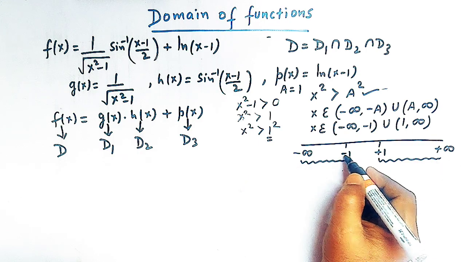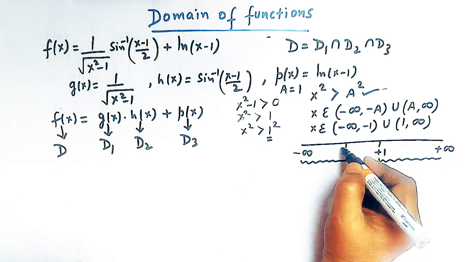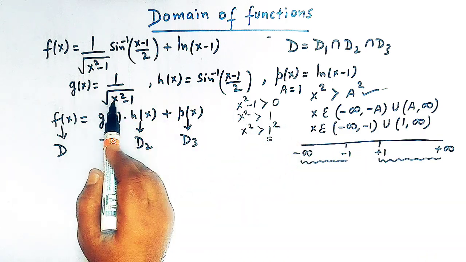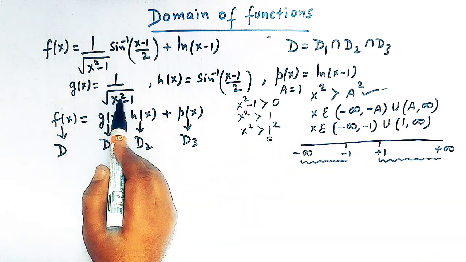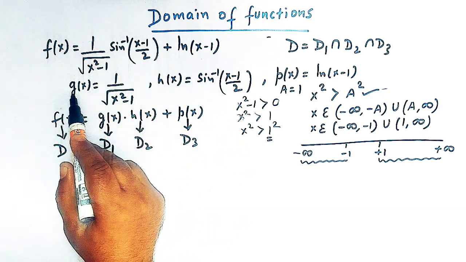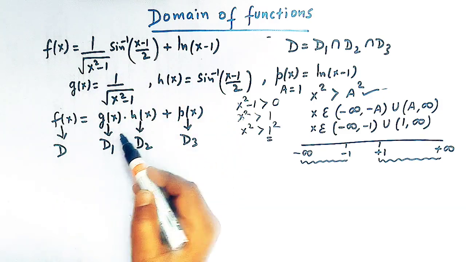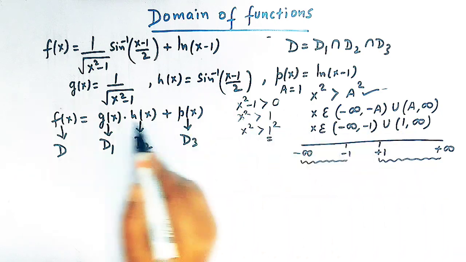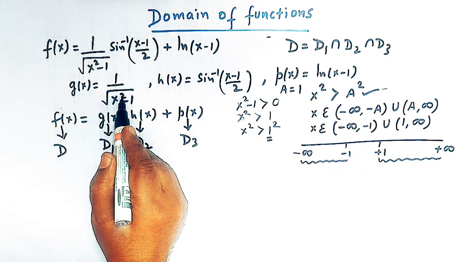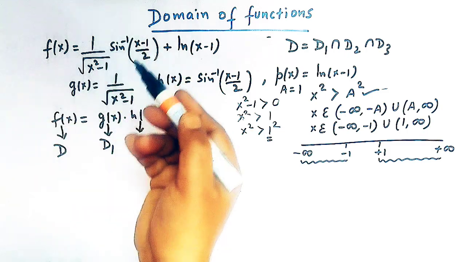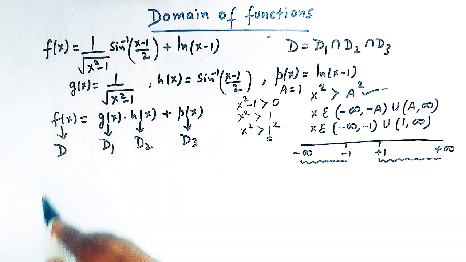So here minus 1 and 1 are not included, because x is equal to 1 gives us 1 square minus 1, that is 0, which can be discarded, because then the function g of x is not defined. And similarly, when x is equal to minus 1, then minus 1 square is positive 1, and 1 minus 1 is 0, and again the function g of x is not defined.